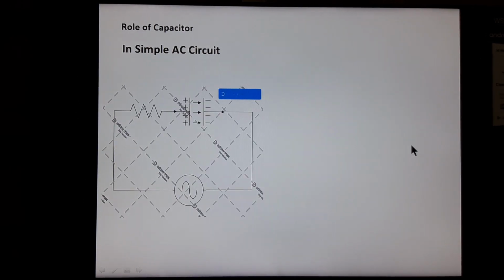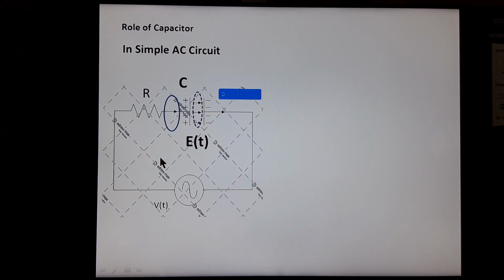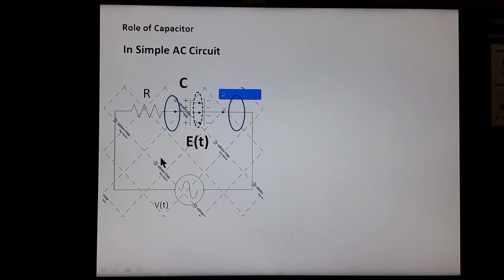Now I want to reconsider the role of a capacitor in a simple AC circuit for a simple understanding of the displacement current. We consider this circuit, where R is the resistance of the circuit, C is the capacitance value, and V(t) is the voltage of the AC source. There is a time-varying electric field inside the capacitor plates for the AC voltage, and these are the associated magnetic fields for the AC current through this circuit.